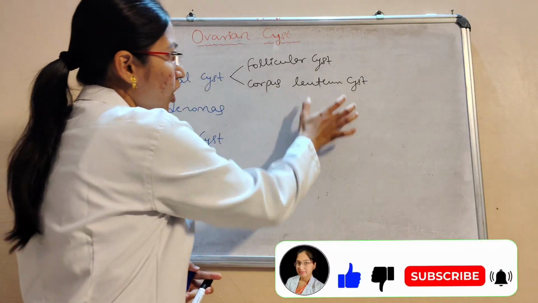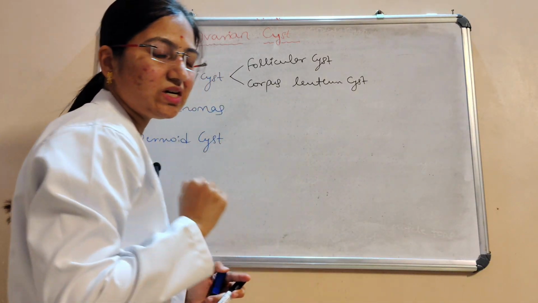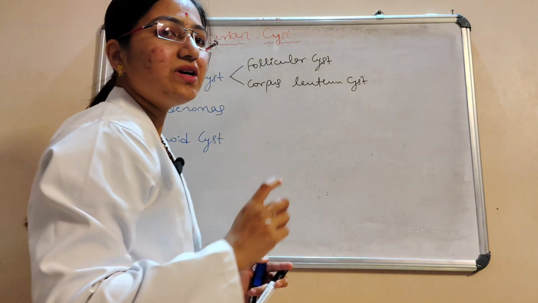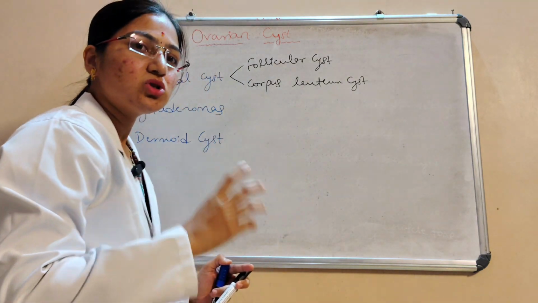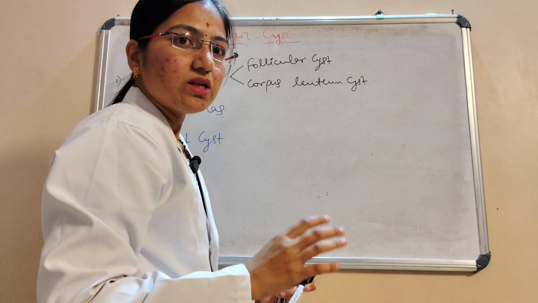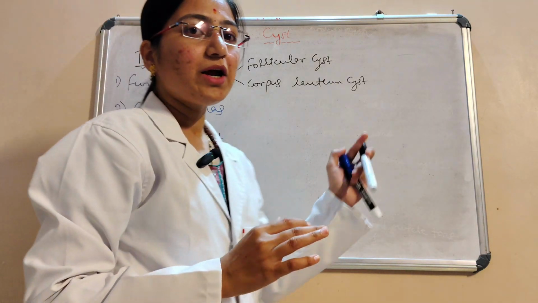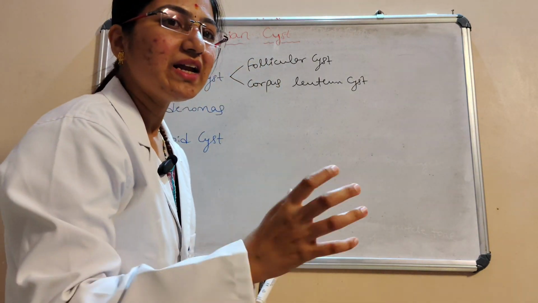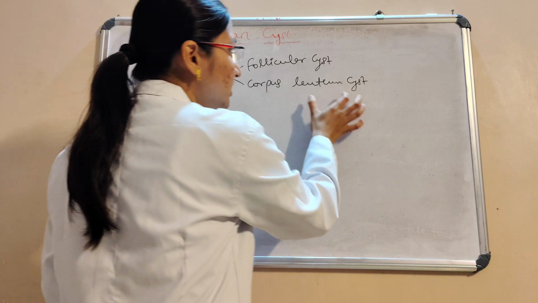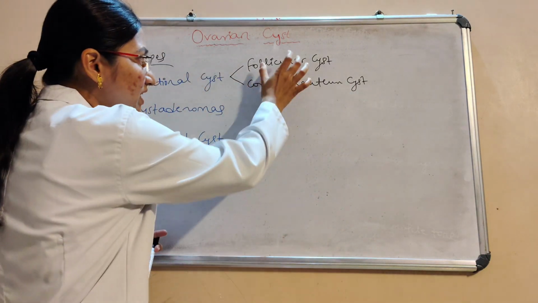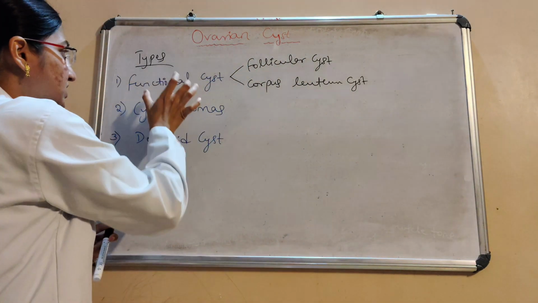And then here comes the corpus luteum cyst. What happens here is, after releasing an egg, the follicle is going to dissolve. If it does not dissolve, it seals the opening, and again fluid will be collected. This accumulated fluid is known as corpus luteum cyst. These are the two subtypes of functional cyst.